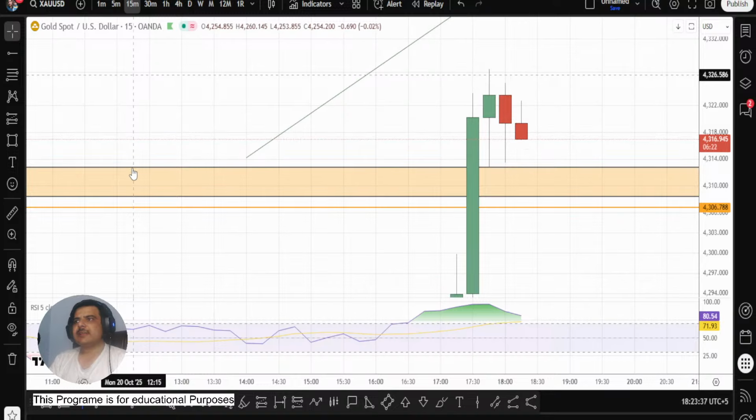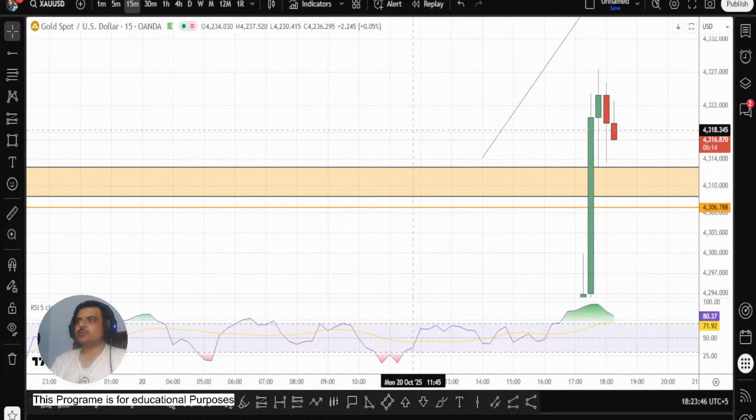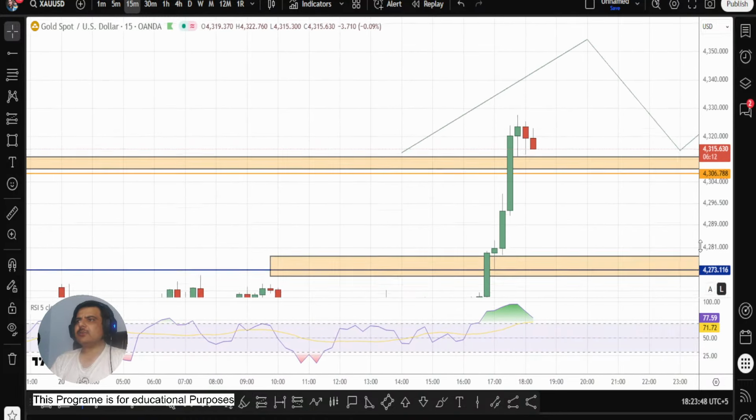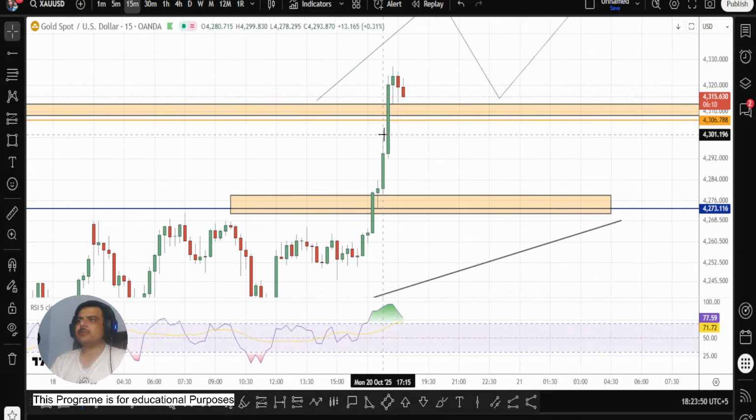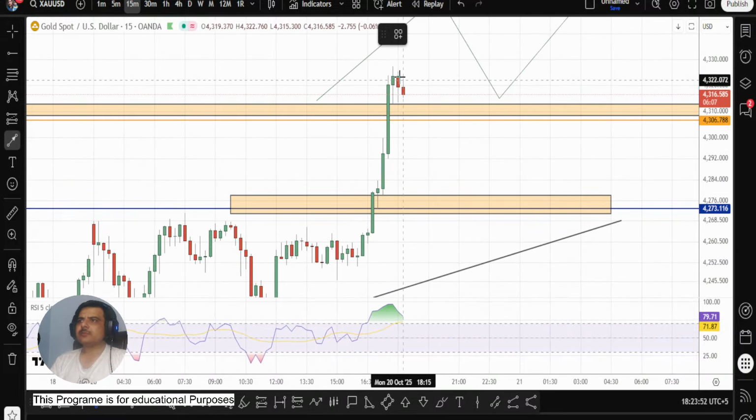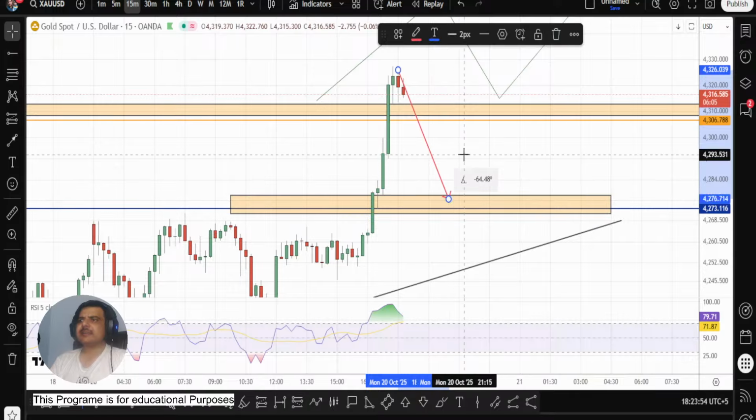And now the sellers are looking at it this way. Those who are selling right now obviously are looking back to this zone, but I'm not selling, okay?